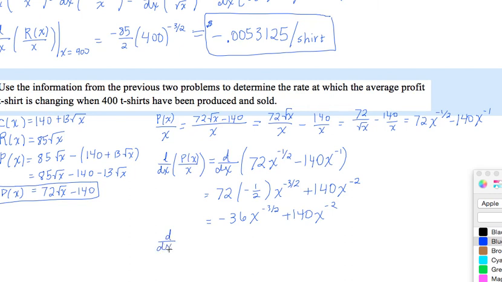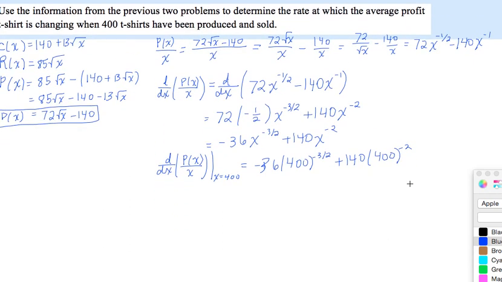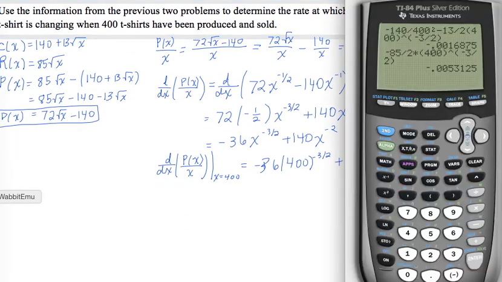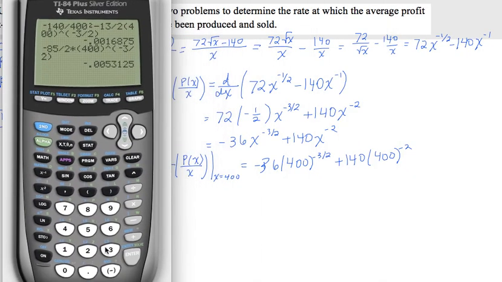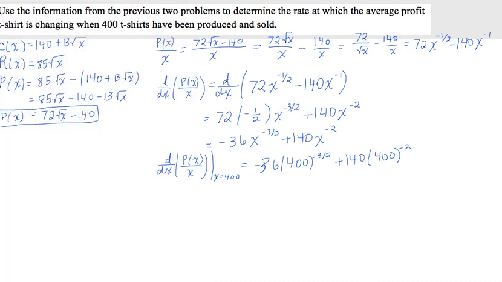Now let's plug in 400 to find the rate at which the average profit per shirt is changing when 400 have been produced and sold. And so we get negative 36 times 400 to the negative 3 halves plus 140 times 400 to the negative 2. And let's approximate that on the calculator.